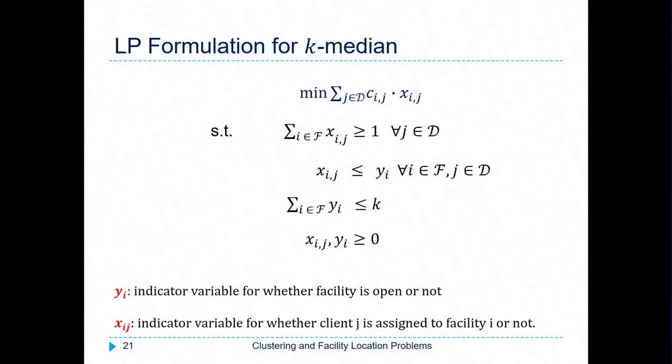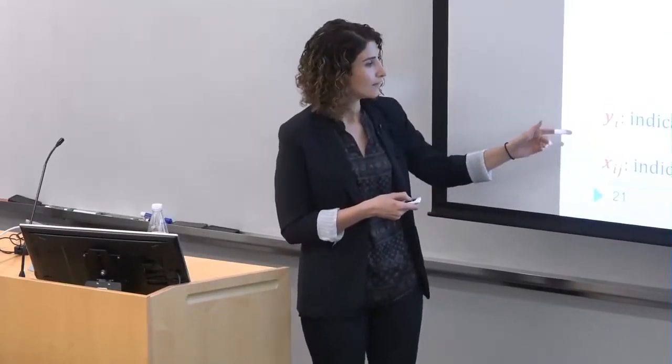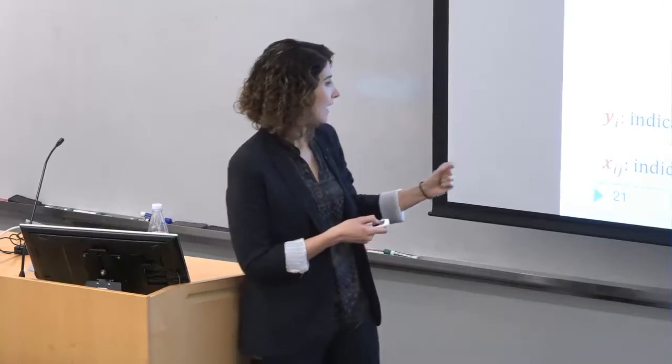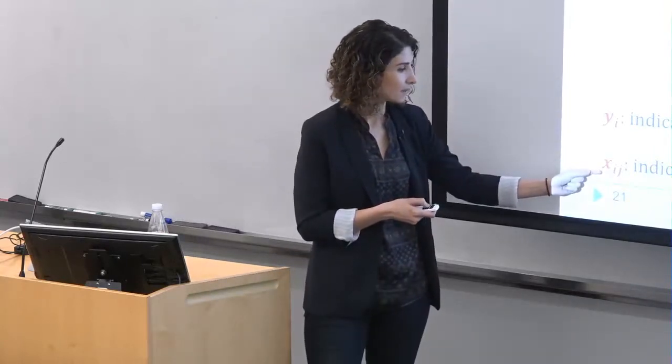So let's see the LP formulation for k-median. We have this LP formulation, and we have 2 variables in this formulation. One variable is y_i, which is an indicator variable that shows whether a facility i is open or not. And then we have an indicator variable x_ij, which indicates whether client j is assigned to facility i.